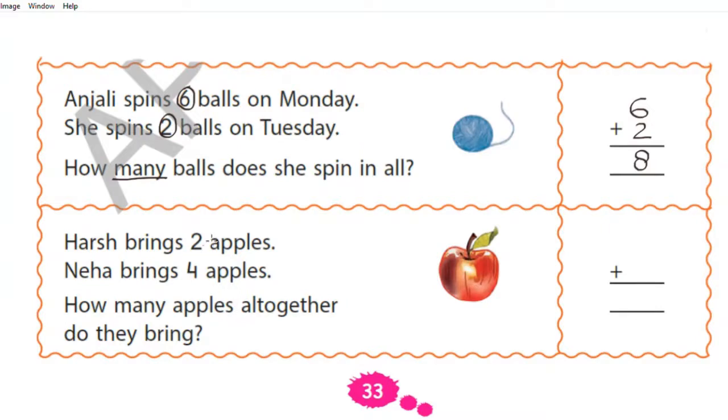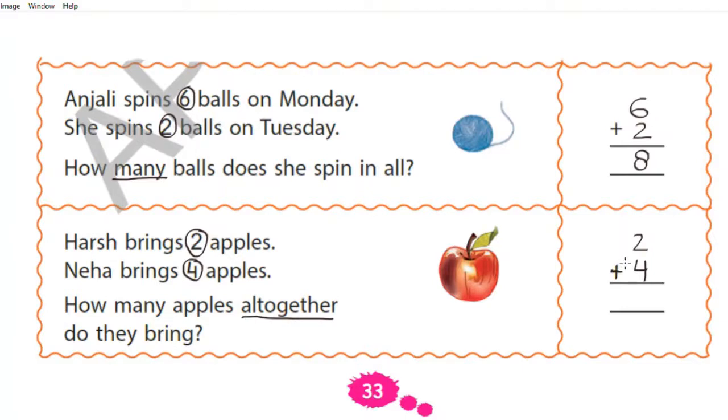So first you have to encircle the numbers in your word problem. The numbers are 2 and 4. Write these two numbers here, 2 and 4. Now look for the word that shows you have to do addition, altogether. And you know altogether is used to do addition.